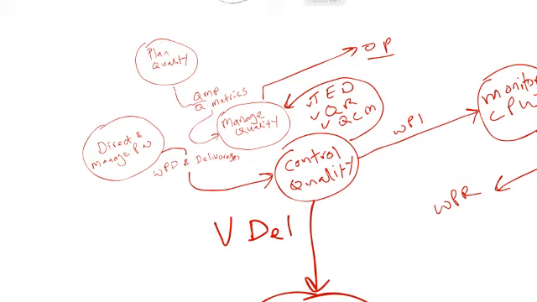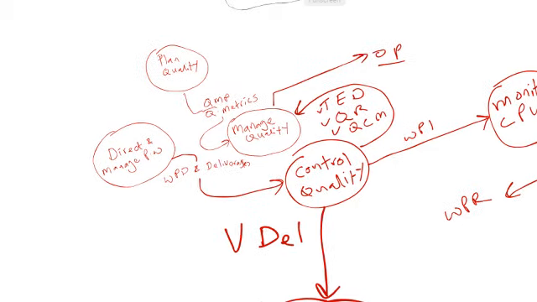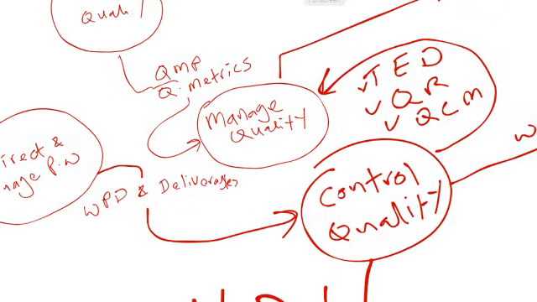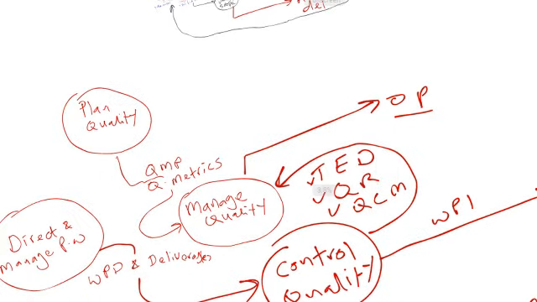And of course, quality templates and so on from OPAs are going into manage quality. That's a no-brainer. We already know that's what OPAs do, your templates and so on.